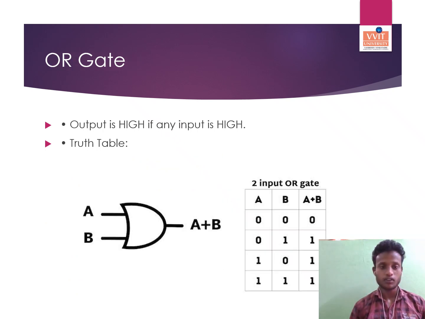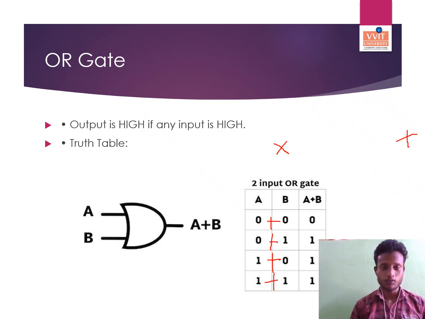Now we go to the OR gate. What is the OR gate? The AND gate performs the multiplication operation; the OR gate performs the plus operation, the sum operator. If the inputs are A and B, the output will be A plus B. Now we see the truth table: 0 plus 0, 0. 0 plus 1, 1. 1 plus 0, 1. 1 plus 1, 1.